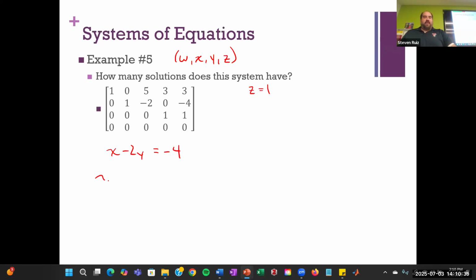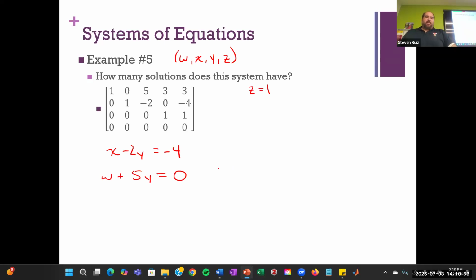And the top equation says w plus 5y plus 3z equals 3, or plus 3 equals 3. So I think I have that.